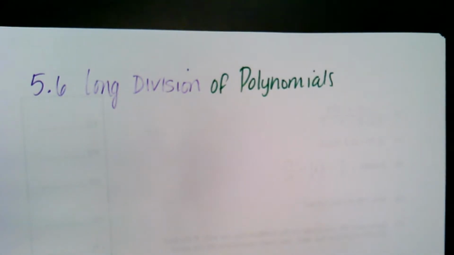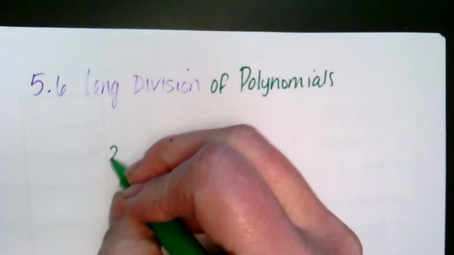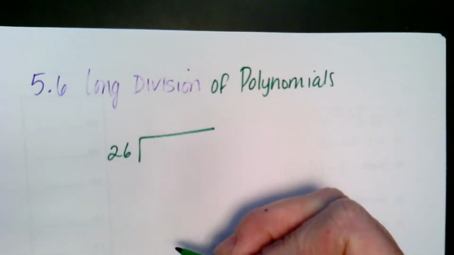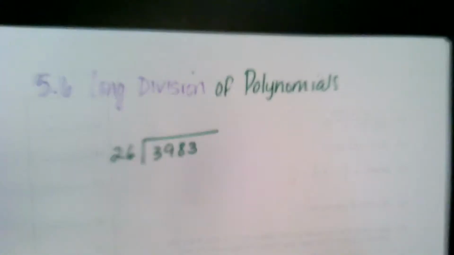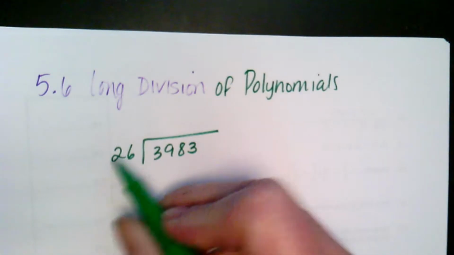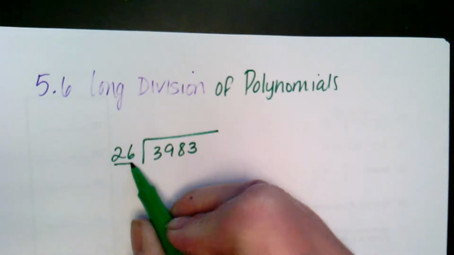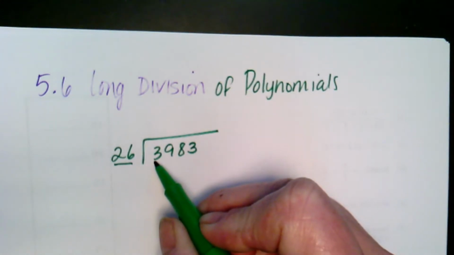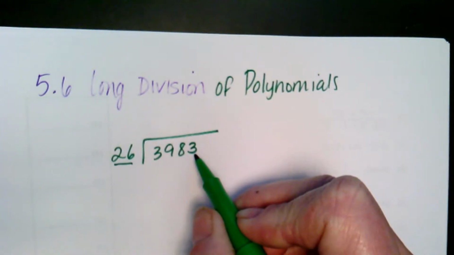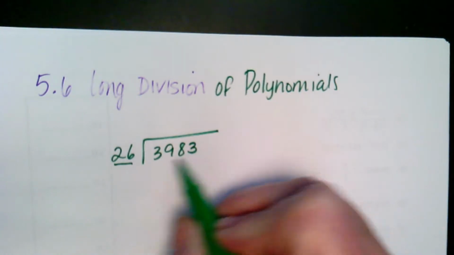All right, so first let's just think about regular division. For example, let's just do a problem like this. When you start this, you're taking the guy out front, your divisor, and you're trying to figure out how much it can go into your dividend, the guy inside.